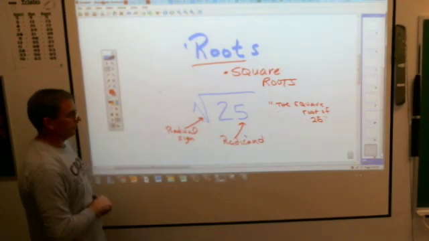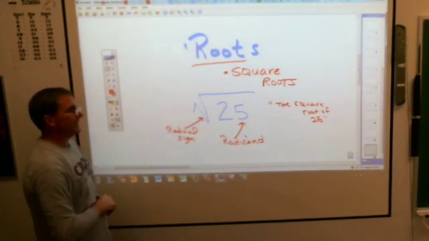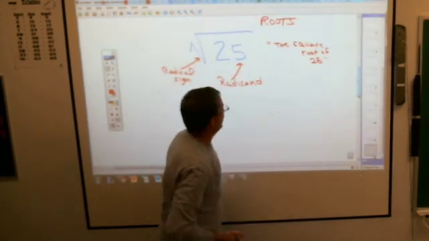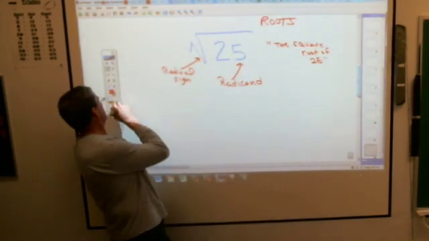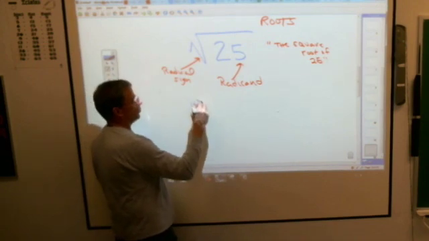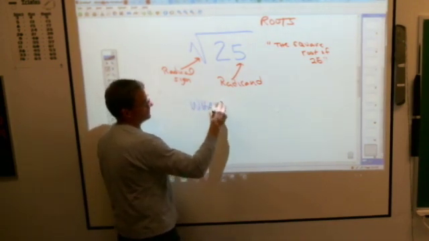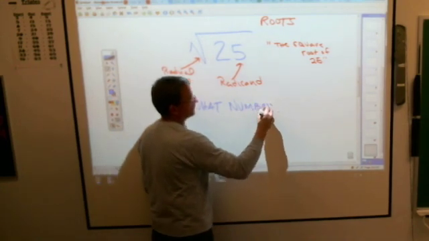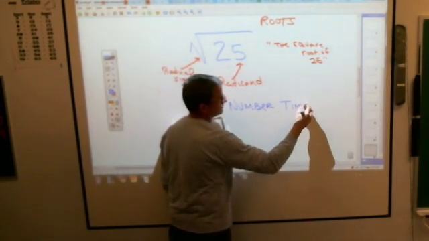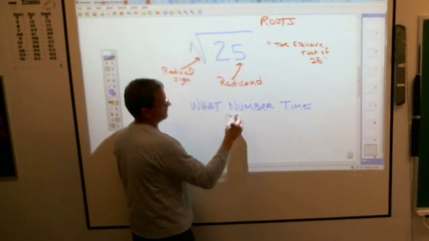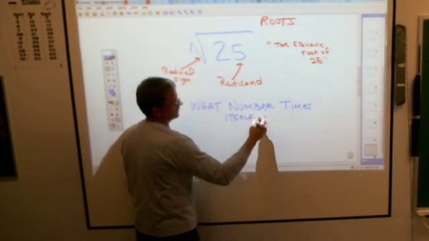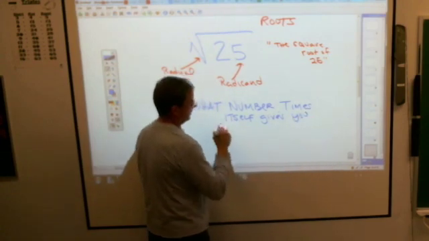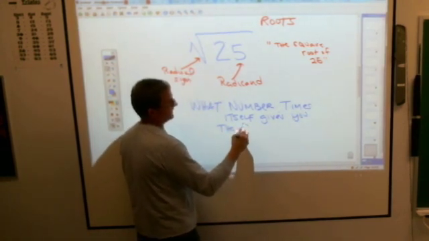And square roots are like the opposite of squares. The question a square root asks you is, what number times itself gives you the radicand?